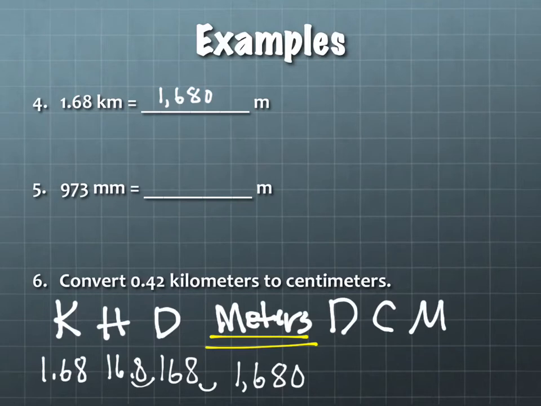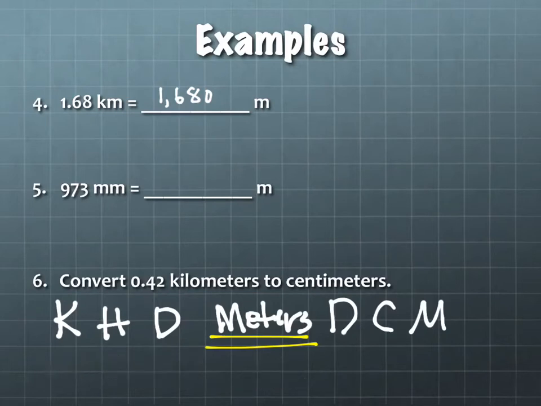Let me do the next one in a different way where we're actually not physically moving it on the table, but we're doing the same idea. So the next one actually gives me 973 millimeters. So here's my 973, if you think about where I am. And it wants me to give my answer in meters when I'm done, right?